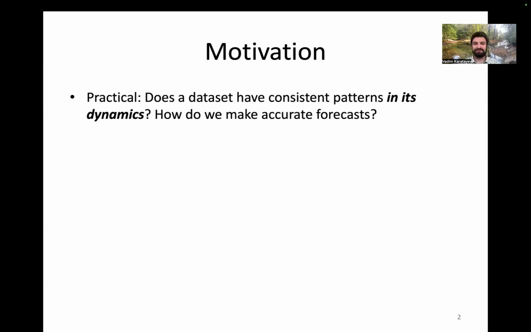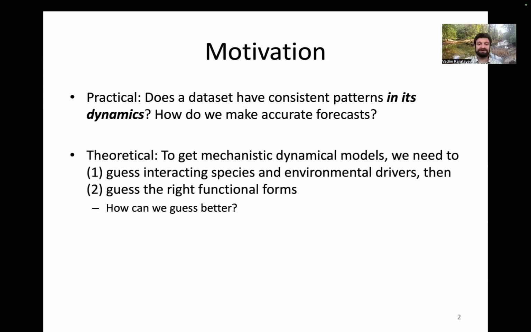Okay, and related to that is how do we make accurate forecasts in ecosystems and biological systems and management questions. A little bit closer to home for us, we're interested in understanding mechanisms. I've been raised on this idea, and I really love it: that we can find mechanistic models and the mechanisms that underpin biological dynamics.